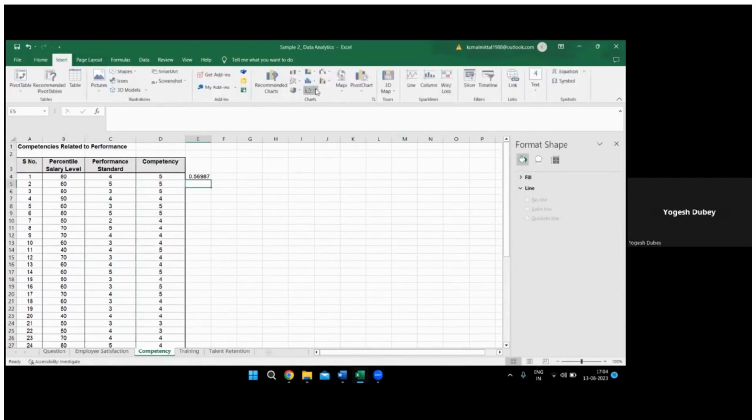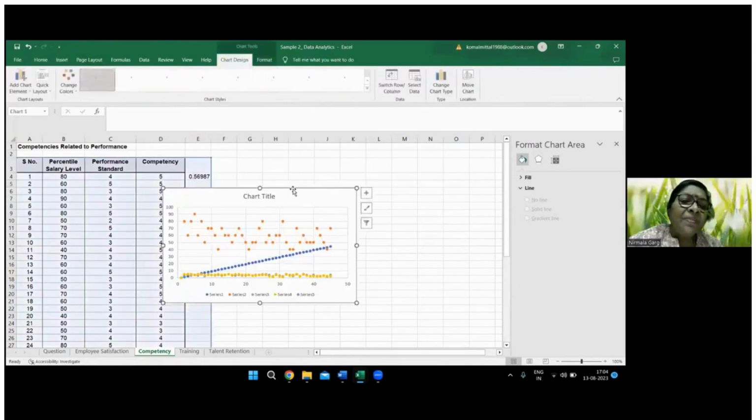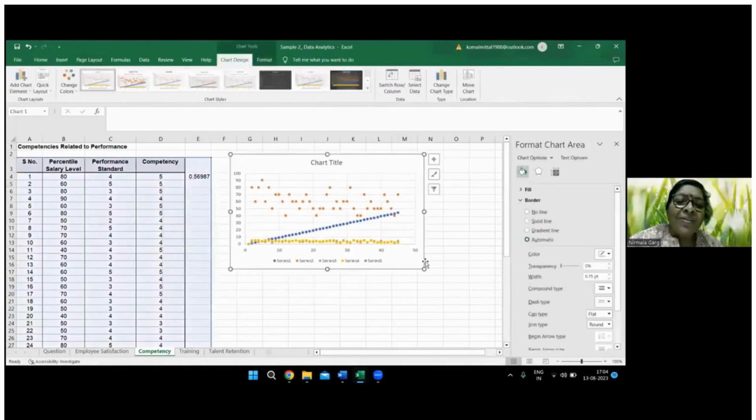Can you do a scattergraph also? No, this is not the right one.